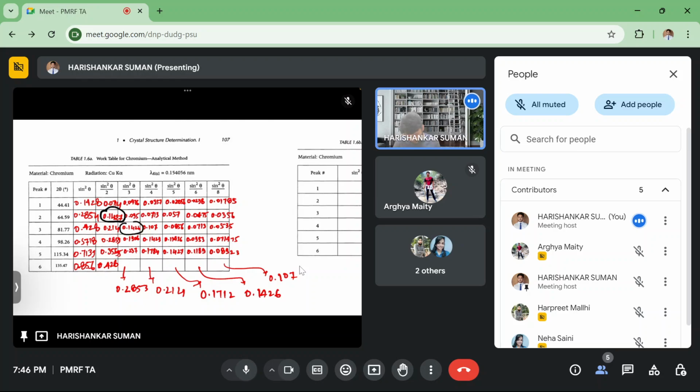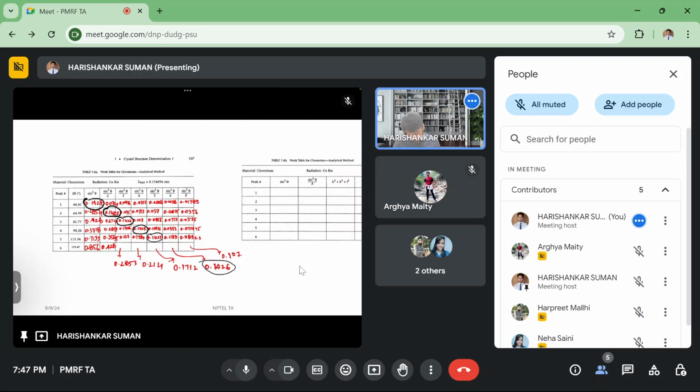Okay, this is a common value and other, this is also other two. 0.35, 4, 0.014. So this is the least value.